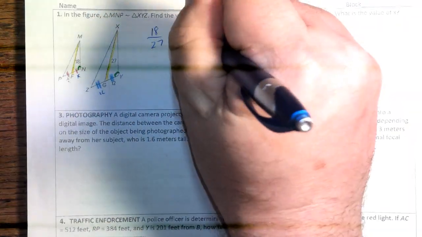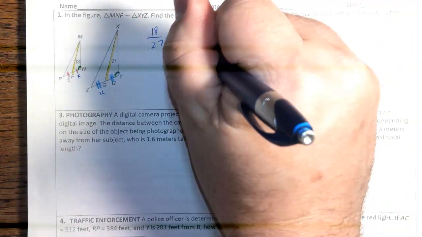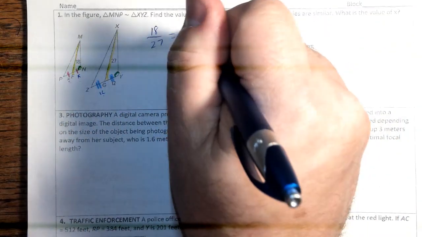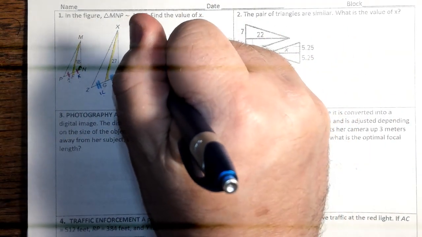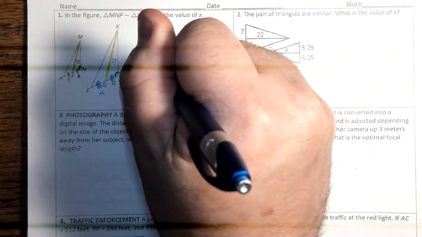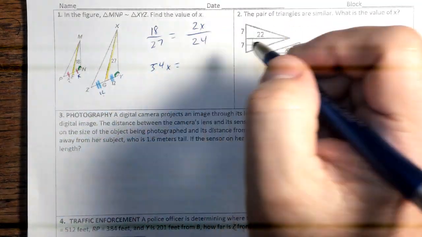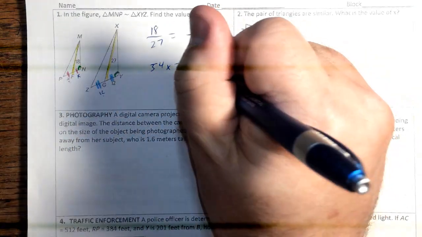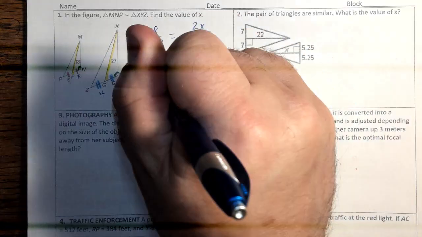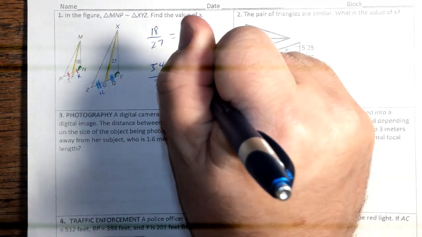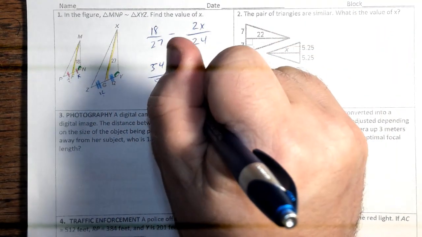So 2x, not just x, over 12 plus 12, which is 24. Then we cross multiply. 27 times 2x is 54x, and 18 times 24 is 432. If we divide both sides by 54, we see that x is equal to 8.